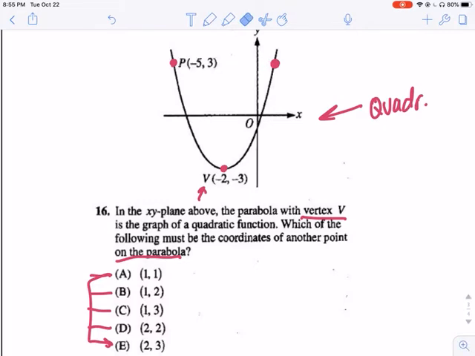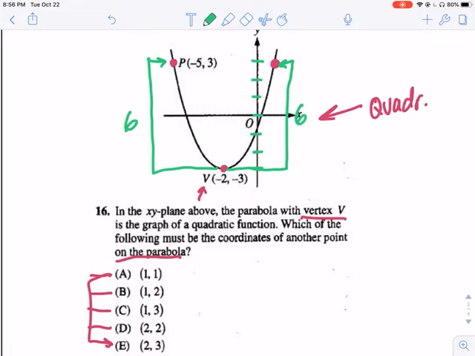The way that I can figure that out is by using symmetry. If this is at -3, -2, -1, 0, 1, 2, 3, I'm going from -3 all the way to +3. That would be going up 6, so I can go up the same amount of 6 over here.